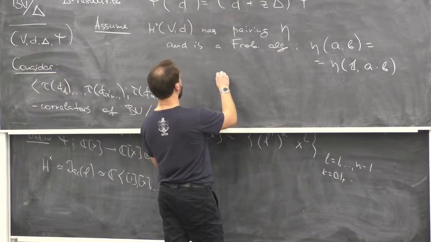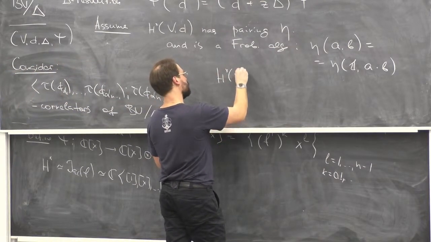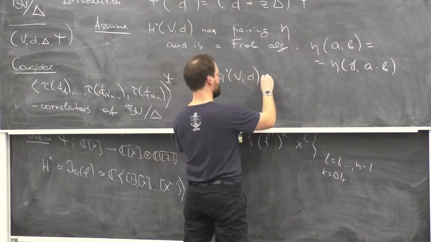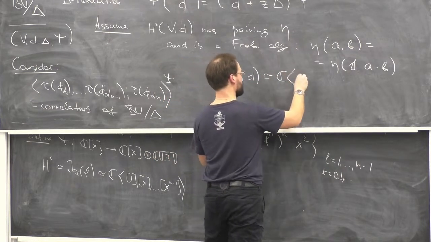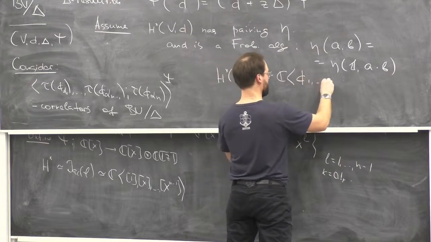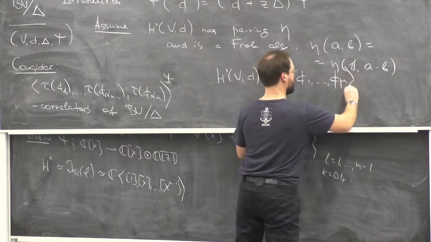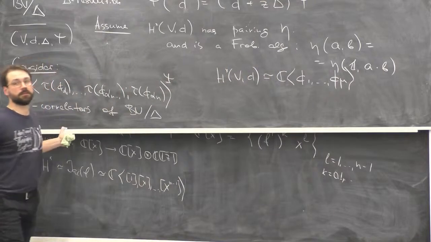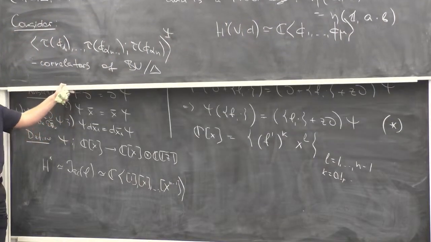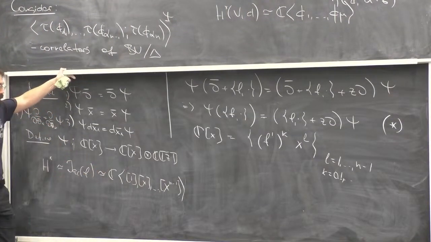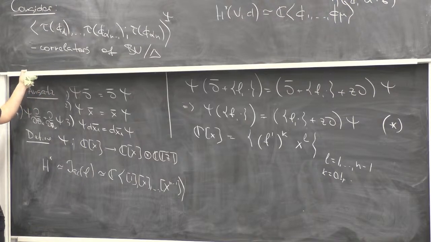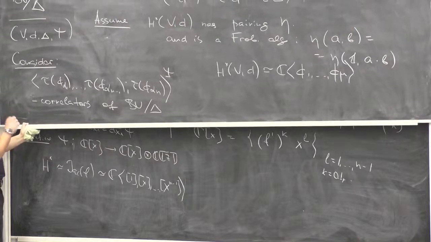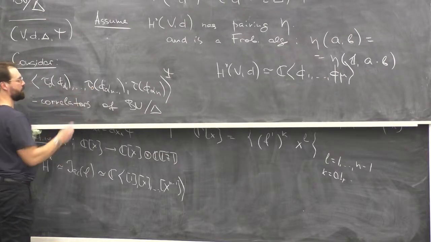The homology of V_D is a C vector space spanned by these phi's. So in your example, these go from 1 to n minus 1. Yeah, those classes indeed. And who is tau? Can you just remove it? These are just tau 0.